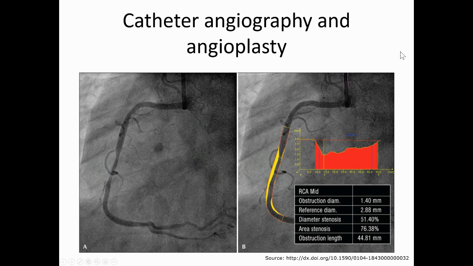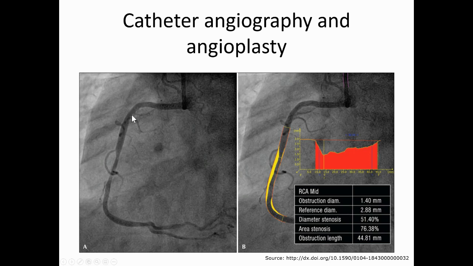Catheter angiography, you're probably familiar with by now. That's when patients are catheterized through one of their larger arteries, either through the leg or through the arm, and then the catheter is advanced into one of the coronaries. An iodine-based contrast media is used to visualize the coronaries.